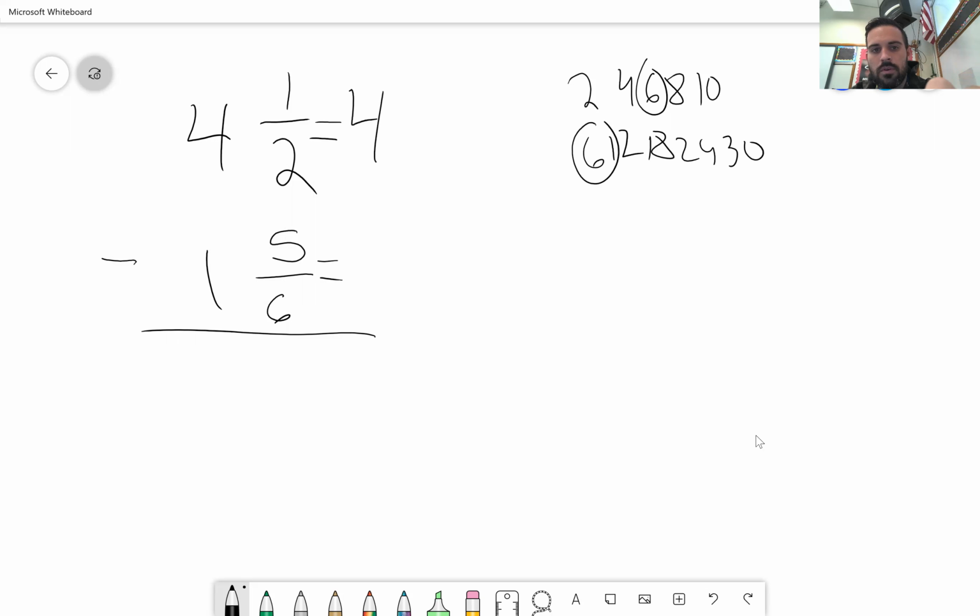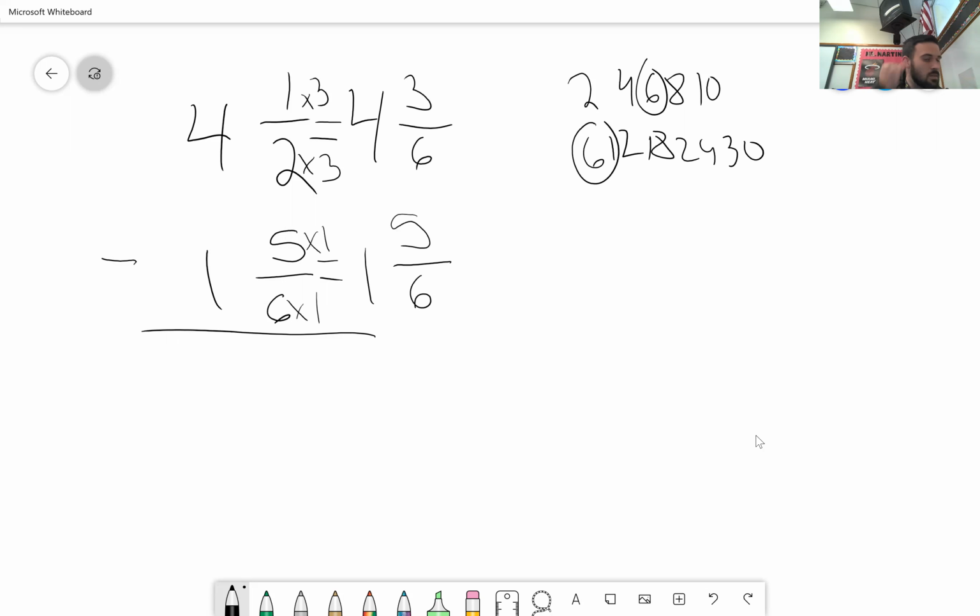I keep the whole number and write my new denominator. Now, how did 2 become 6? 2 times 3. So that means 1 times 3 is 3. How did 6 become 6? Times 1. So 5 times 1 is 5.